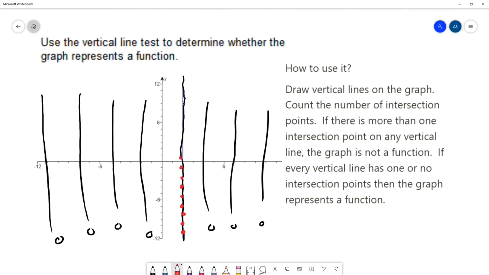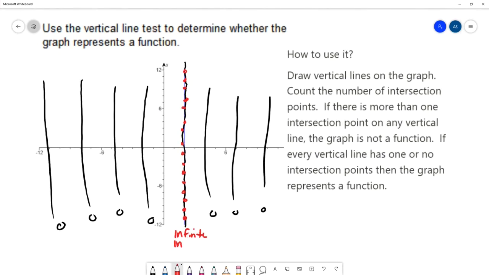Every single point on this line is an intersection point. So this means that we do not have a function.